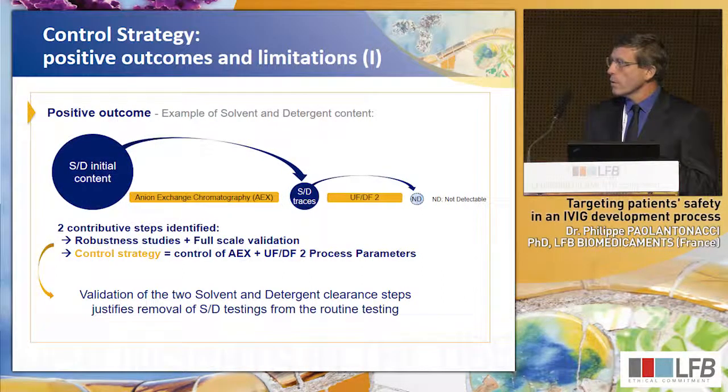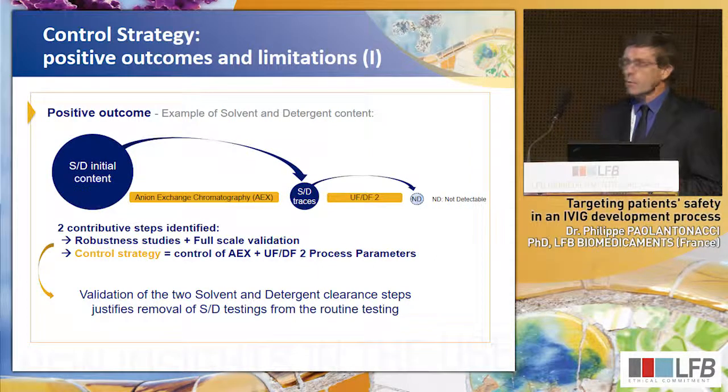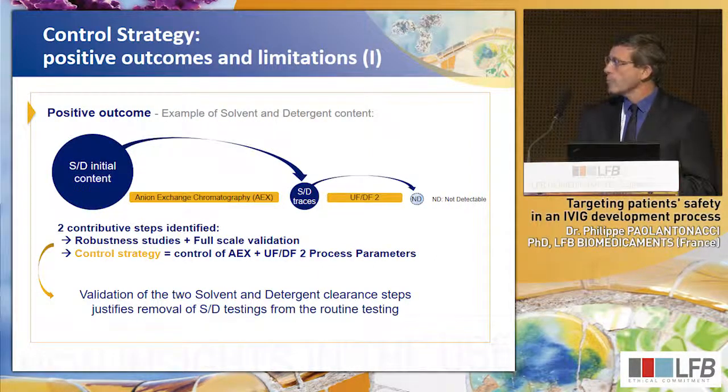We can prove that the control of the final product can be obtained through the control of the operating process parameters. For this reason, the validation of these 2 solvent and detergent clearance steps justifies the removal of solvent and detergent testing from the routine testing, as the process is conducted within the operating condition range we have primarily defined.